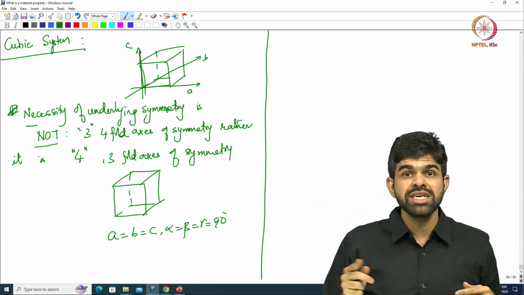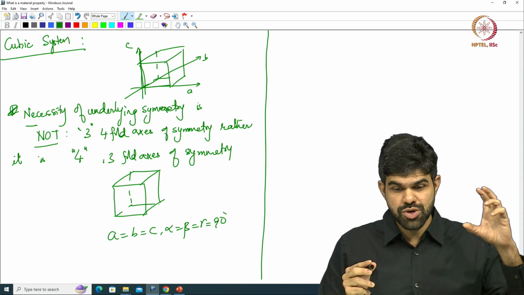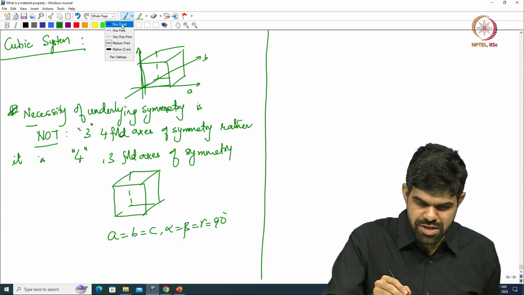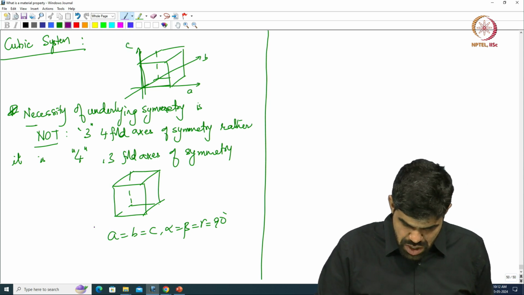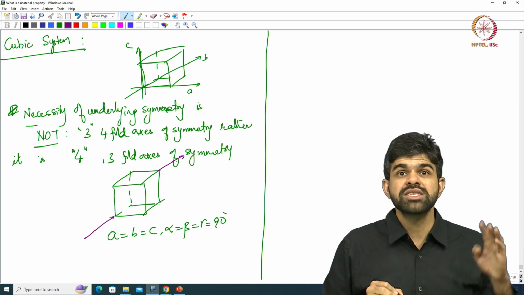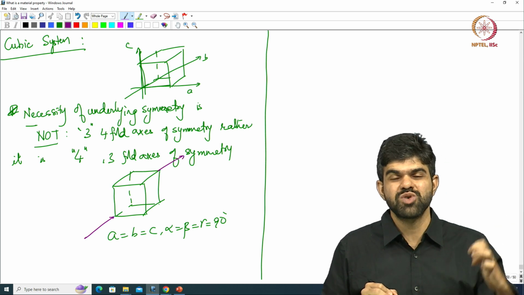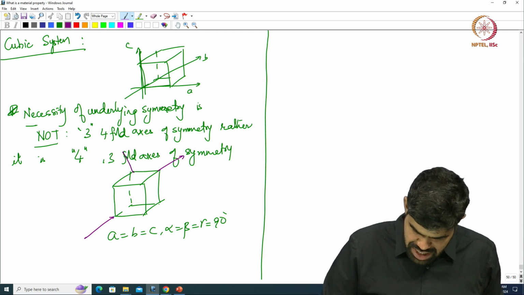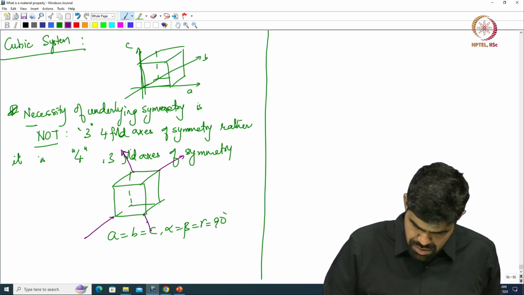Now, where are these axes of symmetry? If you imagine a cube, these threefold axes of symmetry are along the body diagonals of the cube. So, this body diagonal is one threefold axis of symmetry. How many such body diagonals are there? There are 4 such body diagonals in a cube. Then the second body diagonal is somewhere here.